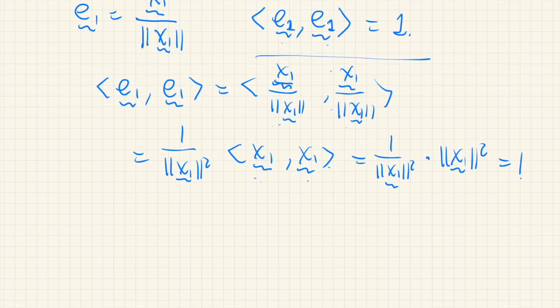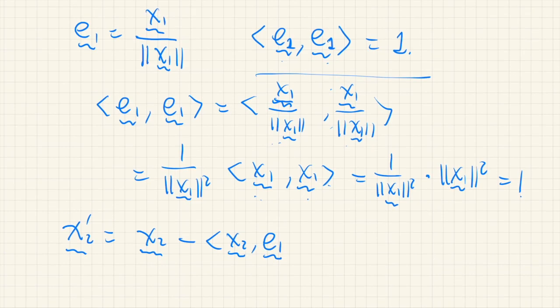Next, let's define x2 prime by x2 minus the inner product between x2 and e1, where e1 is the vector we just defined, and this is a scalar, times e1.